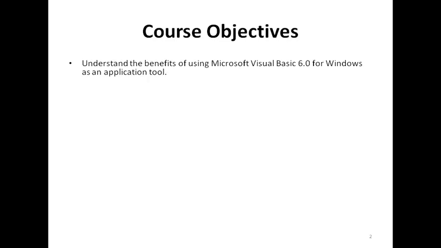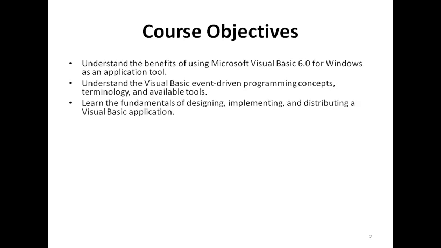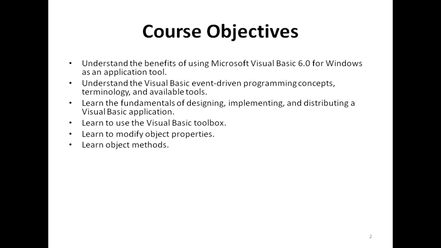These are the course objectives. Understand the benefits of using Microsoft Visual Basic 6 for Windows and application tools. Understand the Visual Basic event-driven programming concepts, terminology, and available tools. Learn the fundamentals of designing, implementing, and distributing Visual Basic applications. Learn to use the Visual Basic toolbox. Learn to modify object properties.